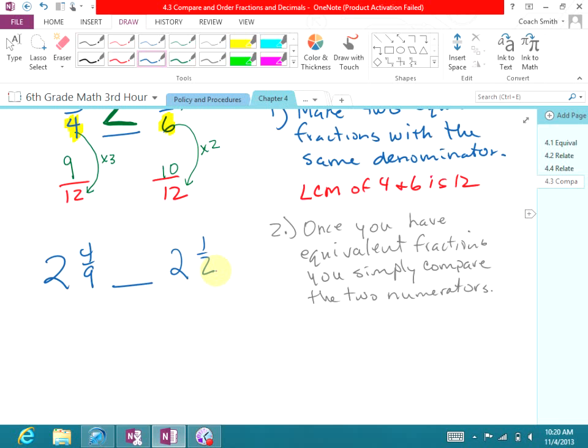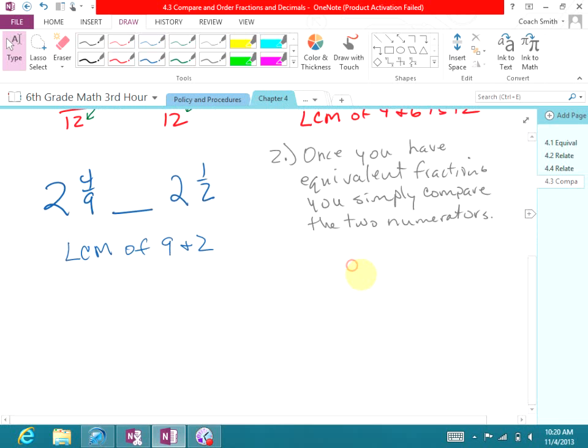So, we need to know then for this one, what is the LCM of 9 and 2? 18. Okay? So, 18 is my common denominator. Okay, the LCM of 9 and 2 is 18.